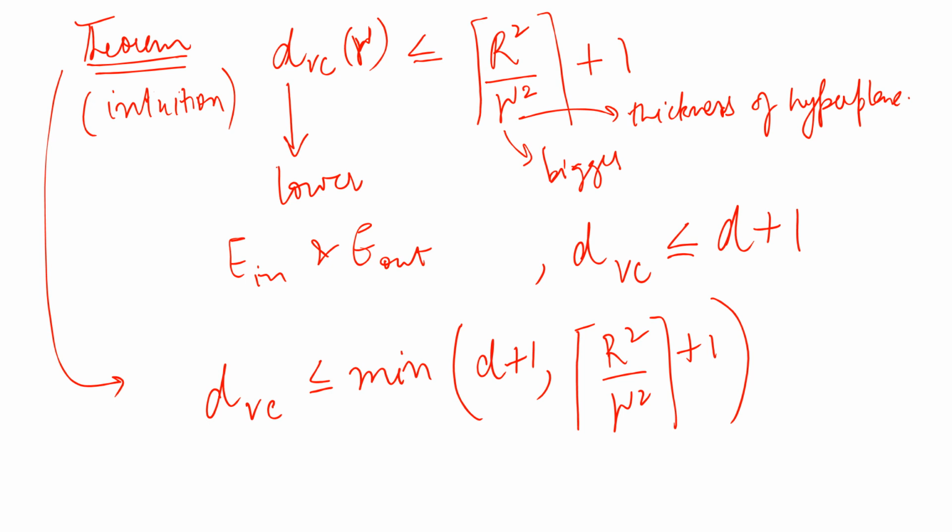And think of an extreme case when gamma, as I said earlier, is getting bigger and bigger and r is getting smaller and smaller. Then what is happening to this ratio? My gamma is extremely big and my r is small, right? So there will be that point that will lead us to a VC dimension that approaches a constant.